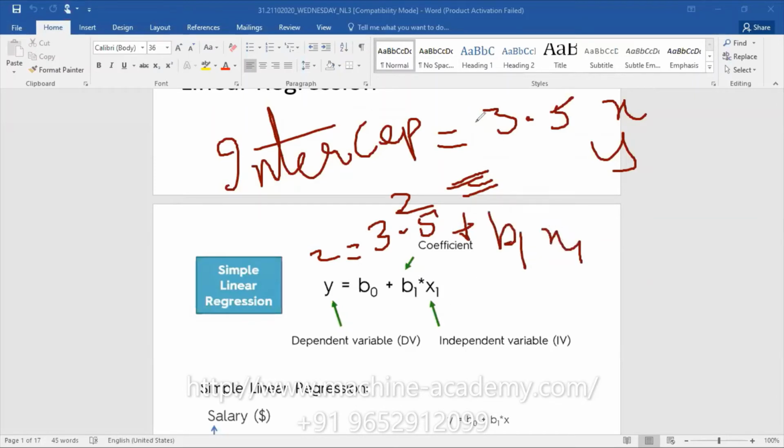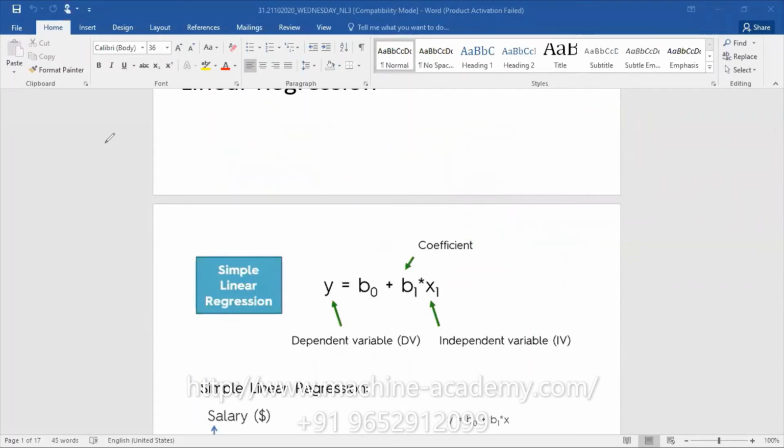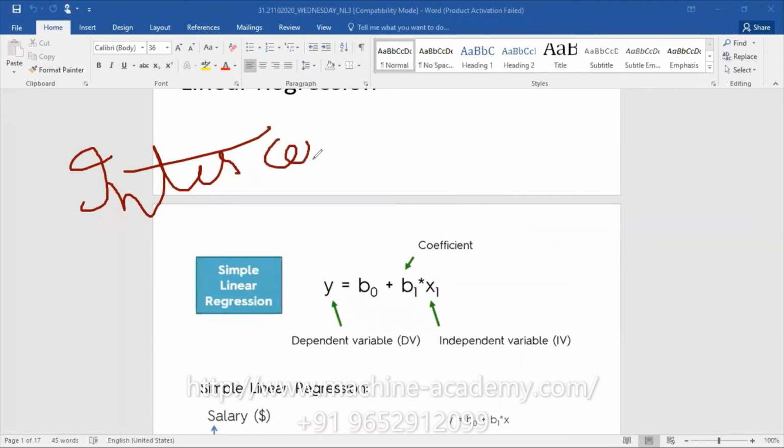What is A? What is X1? I have said that X1 is 3.5. No, sorry. Here, intercept point. Okay, intercept point equal to 3.5. And X equal to experience.